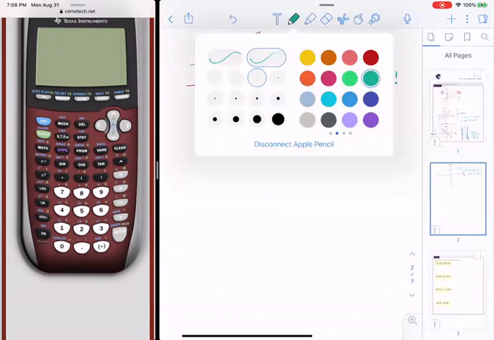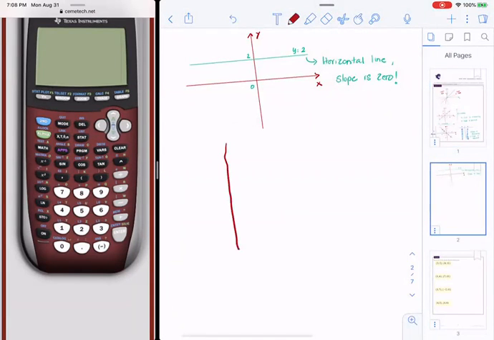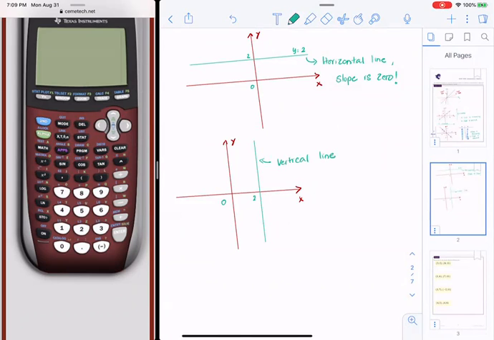Likewise, this is sort of tricky. If we have a vertical line, let's say that the vertical line passes through x equals 2, it is like climbing a mountain that has a vertical surface.